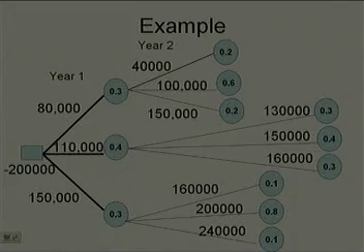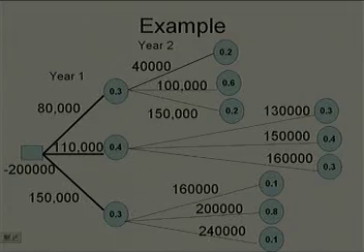Similarly, for the second node, you have 3 nodes emerging, and the corresponding returns are 110,000, 130,000, 150,000 and 160,000, and the associated probabilities are 0.3, 0.4 and 0.3. And finally, from the last node, 3 more nodes are emerging, and the corresponding returns are 160,000, 200,000 and 240,000. The associated probability values are 0.1, 0.8 and again 0.1.